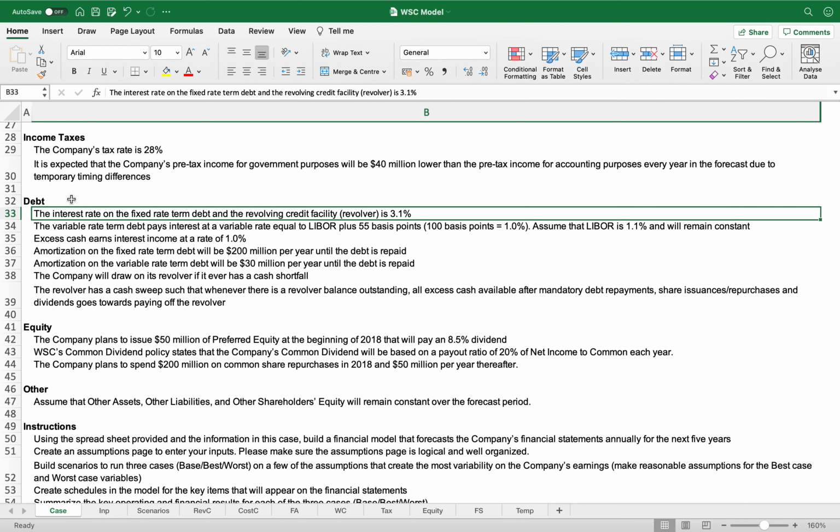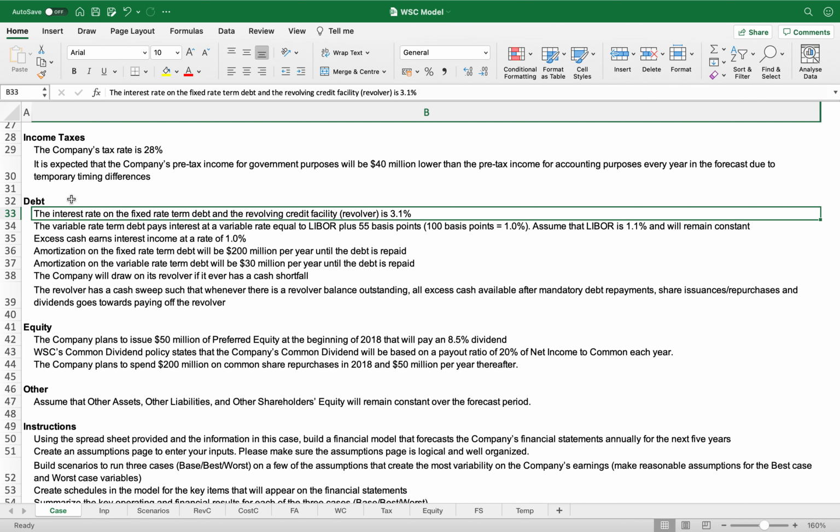Okay, so it is being given to us that the interest rate on the fixed rate term debt and the revolving credit facility, also known as revolver, is 3.1%. Now you will ask me, okay, fixed, variable, I get this, the rate remains fixed, the rate fluctuates, so that is the difference between fixed and fluctuating debt.